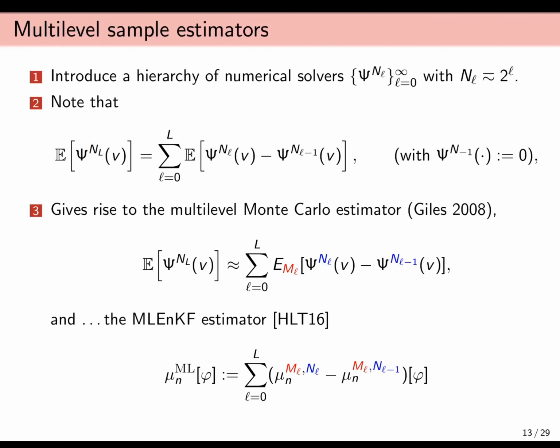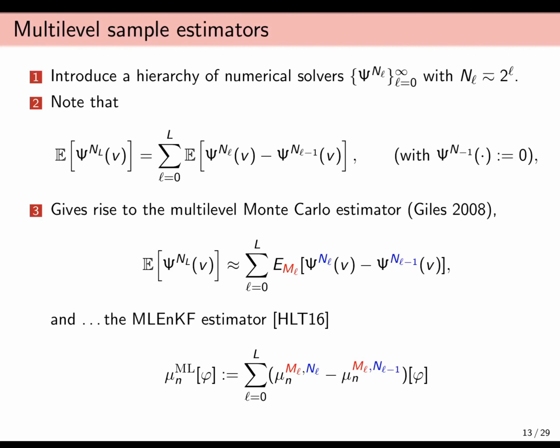And then I'm not going to explain the details of how you transition to MLEnKF from this idea, but MLEnKF builds on the same ideas. So what it does is that it is a pairwise coupled sum of EnKF realizations, where in this estimator you have 3 degrees of freedom.